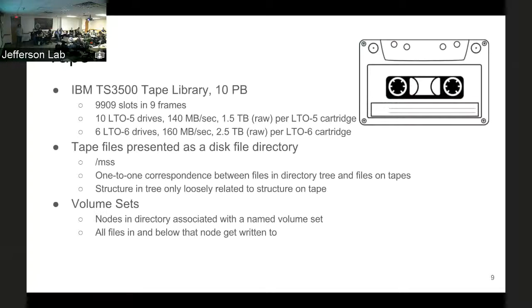Okay, so remember the MSS directory I talked about? This is not strictly true, but you can think of this as a huge directory tree. There's a one-to-one correspondence between these stub files in the directory tree and files on the tape. The structure on tape is only very loosely related to the tree structure. The main organizing principle is these volume sets.